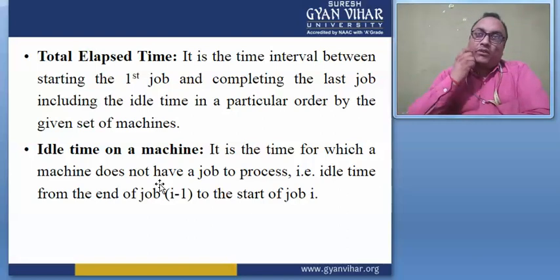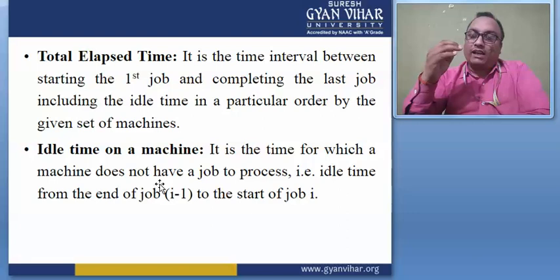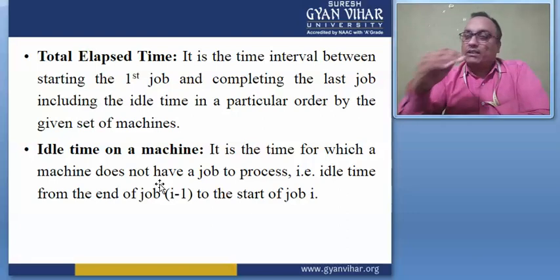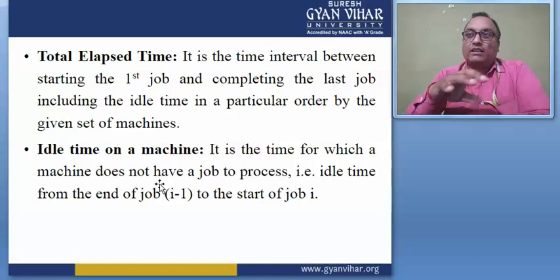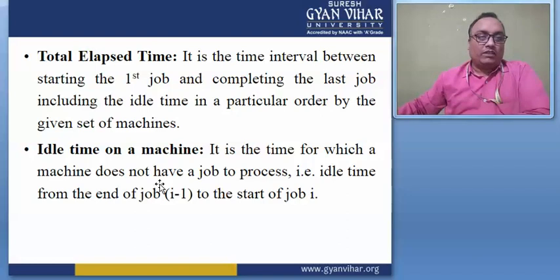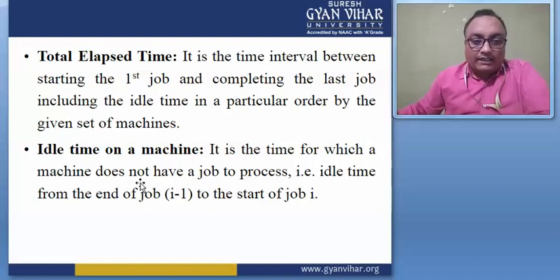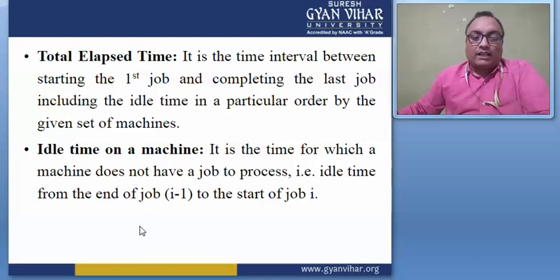So if the first job is not completed, at the same time the second and third machines are both idle, meaning they have no job. This is related to the idle time on a machine, and this idle time is from the end of job I minus 1 to the start of job I, right? Suppose I is a job, then the idle time is I minus 1.